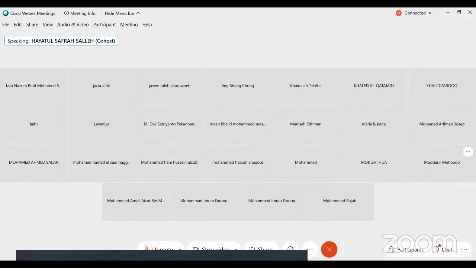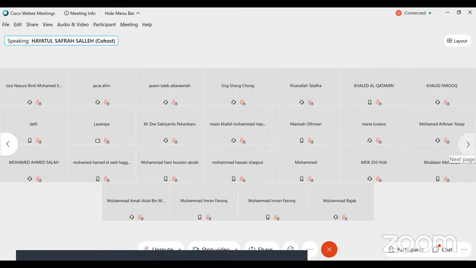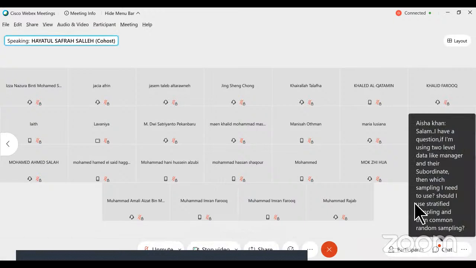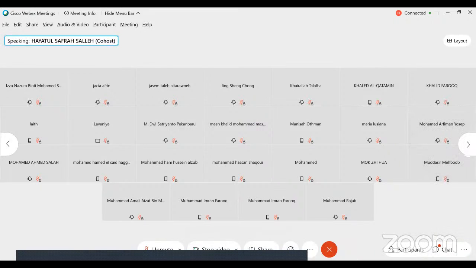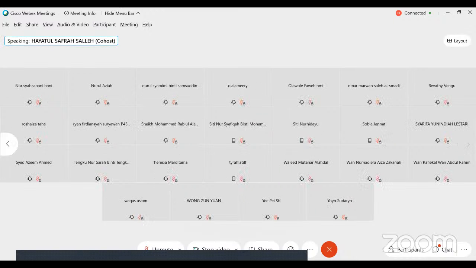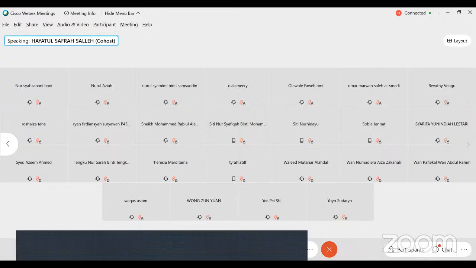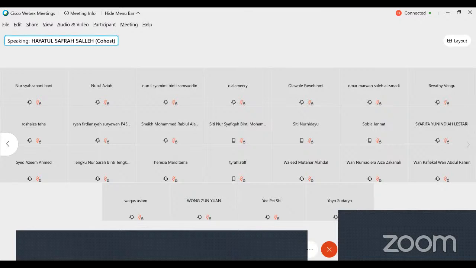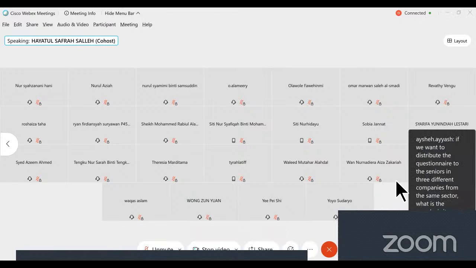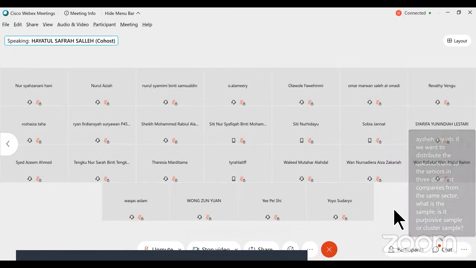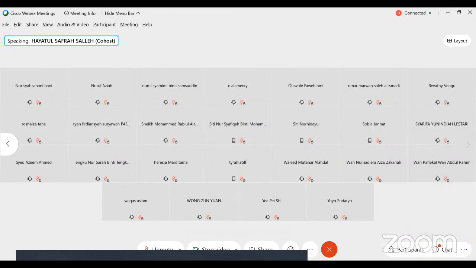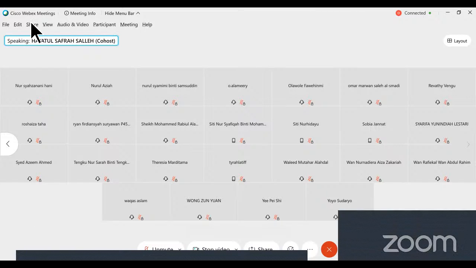Like I said earlier, there are two schools of thought. It depends on the examiners, guys, because some examiners are very rigid about this. They say that PhD students must use probability sampling, and you cannot use non-probability. But during my time, maybe yes.